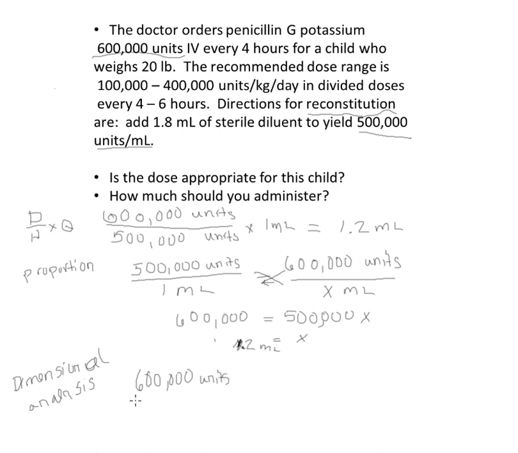And to put that into a fraction, we simply put that over 1 as a placeholder. We want the labels to cancel, so I'm going to put the dosage strength of 500,000 units in the denominator. And I put the 1 milliliter, the quantity that it corresponds to that, in the numerator. Units then cancels. Again, I do the math and I come up with 1.2 milliliters.